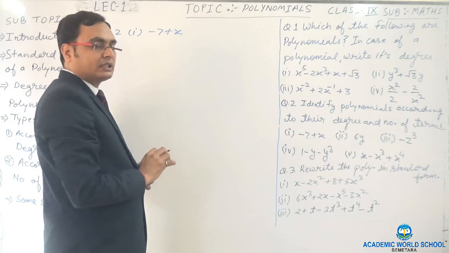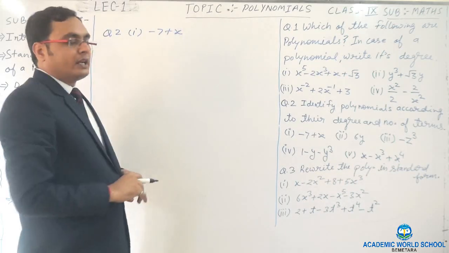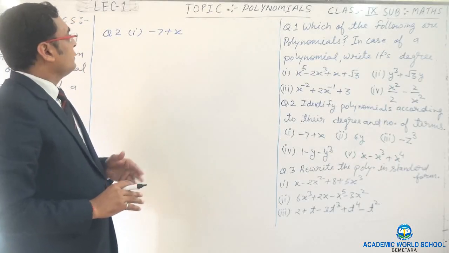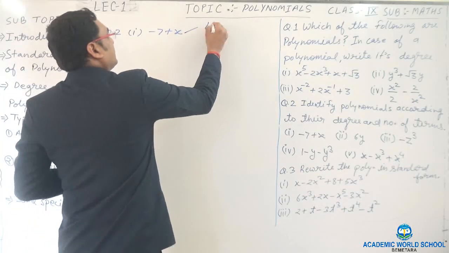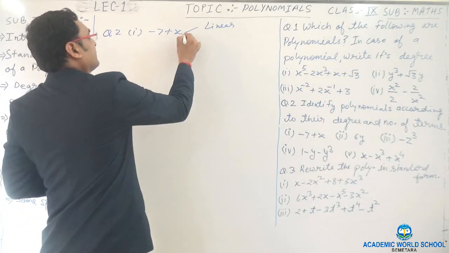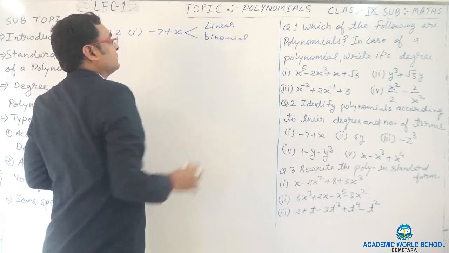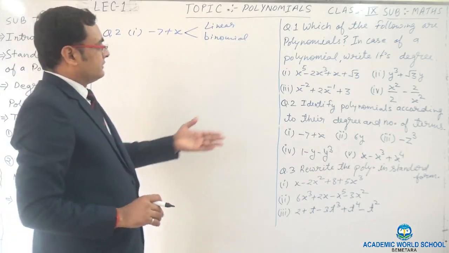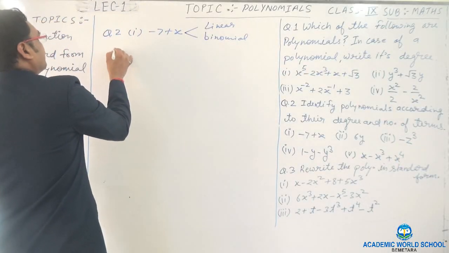So the highest power is 1. So its degree is 1. And how many terms does this polynomial have? 2 terms. Because the degree is 1, it is a linear polynomial, and because it has 2 terms, it is known as a binomial. So this is a linear binomial. Next example, 6y.